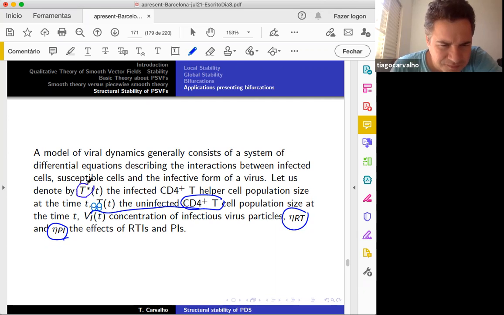T star corresponds to the infected cells. Okay.